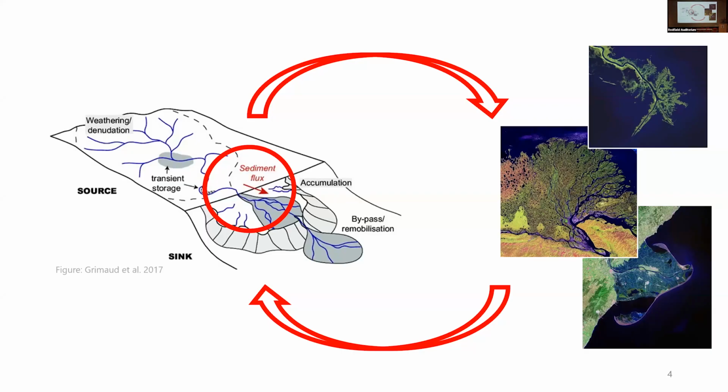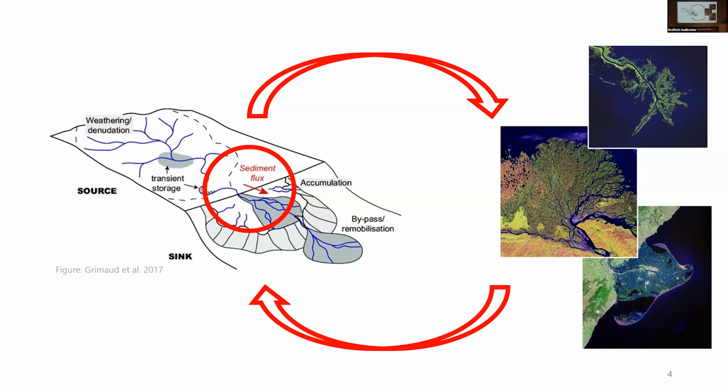And all of these deltas are part of a sediment cycle or a sediment source to sink pathway, right? Sediment is being generated up on the continents and then flowing into the ocean, generating these big systems like you see here. But there's a very important feedback that I'd like to talk about with you all, and it's going to be the focus of my talk. Of course, the amount of sediment flux determines to a large extent the kind of delta that you end up developing.